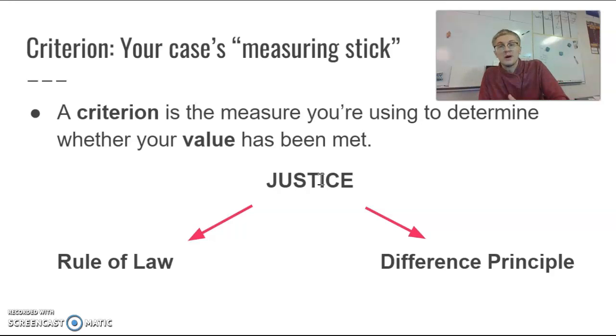So, in response to that, the just move is to change the legal system or alter things in such a way that their lives are improved. So, we have the same idea of justice, but these two different criterions, rule of law and difference principle, can mean that justice is interpreted in a bunch of different ways.